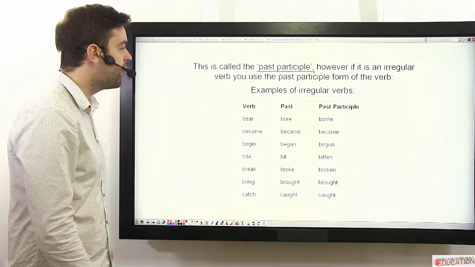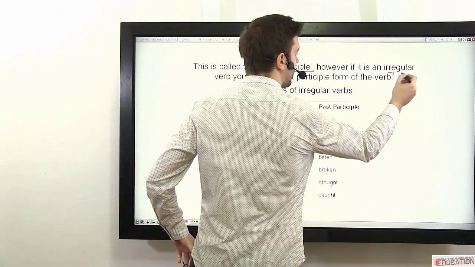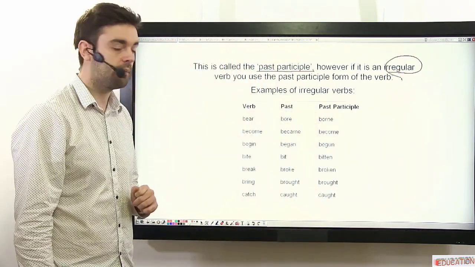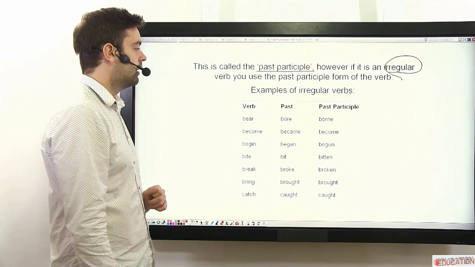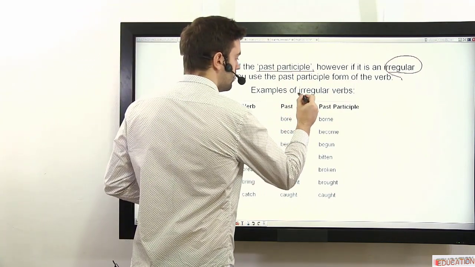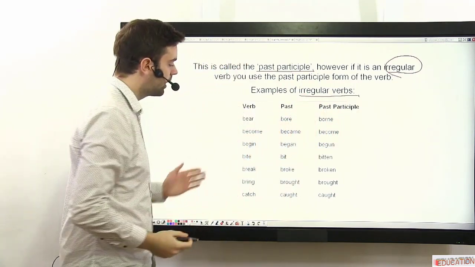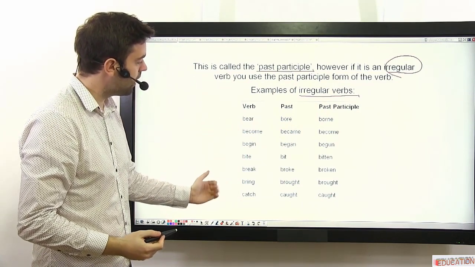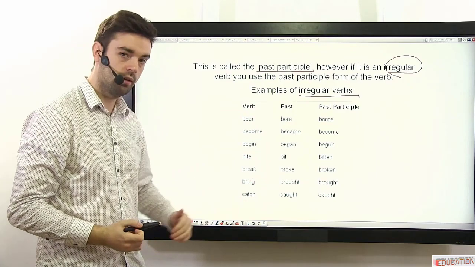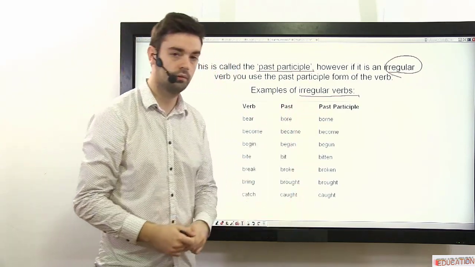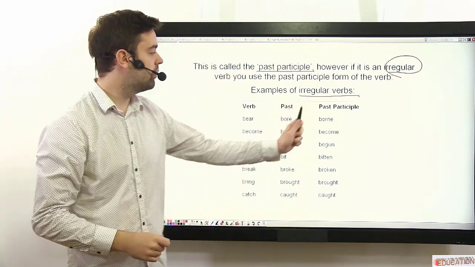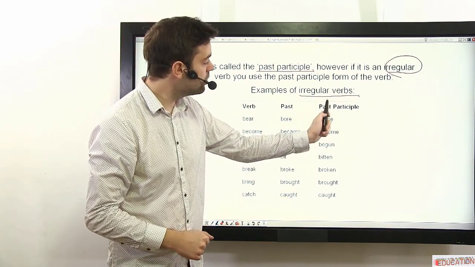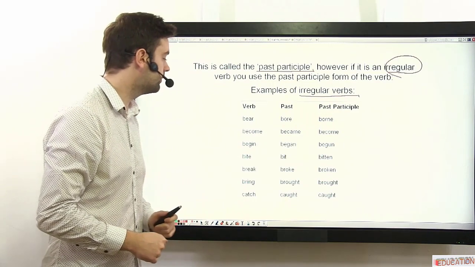However, if there is an irregular verb, you use the past participle form of the verb. With irregular verbs, you normally get a table like this, where you have the verb, the past of the verb, and the past participle. It's very important with the perfect tenses to use the past participle.